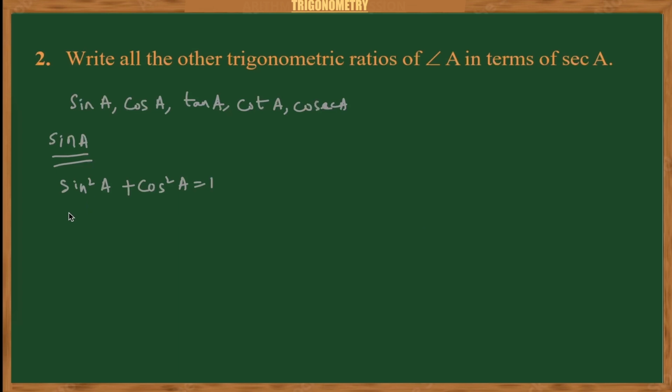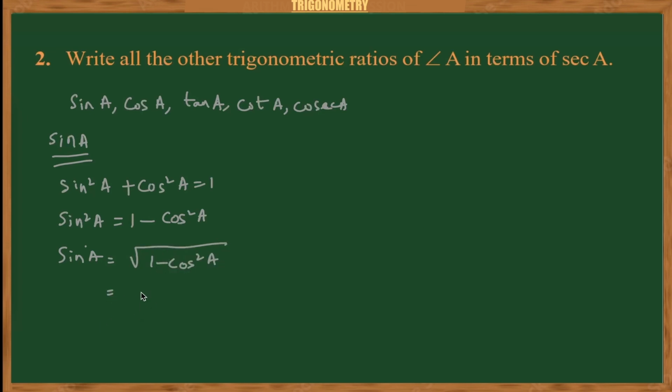Let's bring the cos square A to the right side, so sin square A becomes 1 minus cos square A. We need it without the square, so we bring the square to the right side and it becomes a root: sin A is root of 1 minus cos square A.